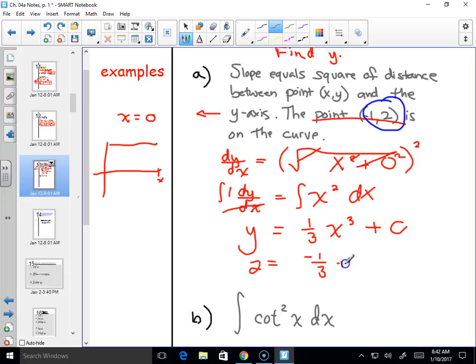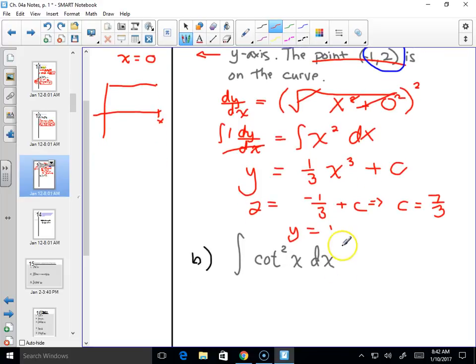I plugged in the negative 1 as x, cubed it and multiplied by 1/3. So from all of this, what does c equal? Nice, because 2 is 6/3. 6/3 plus 1/3 would be 7/3. And my final answer, if they want me to find y, is to plug it in and be done. So y equals (1/3)x cubed plus 7/3. You need to scroll down.